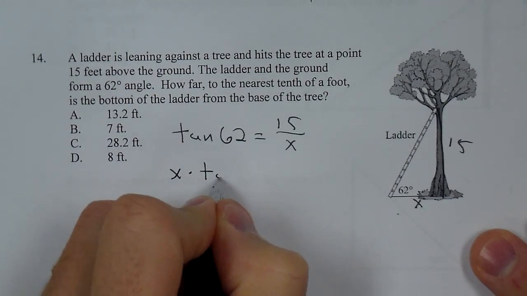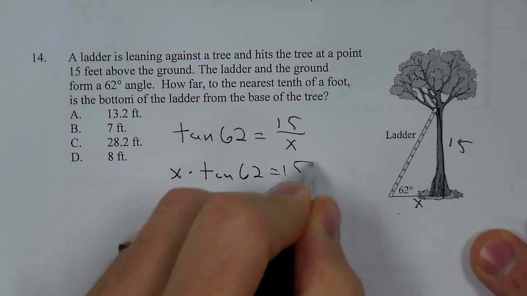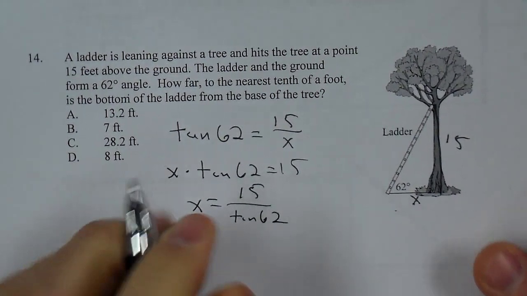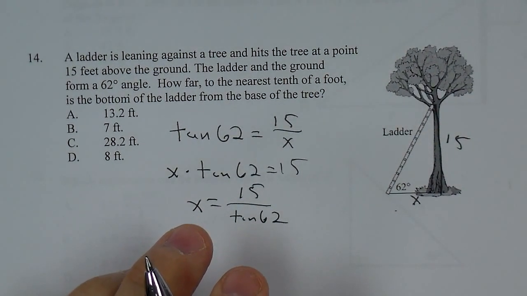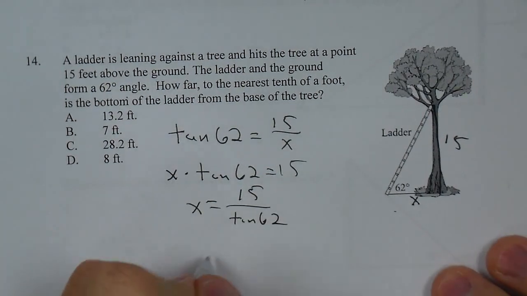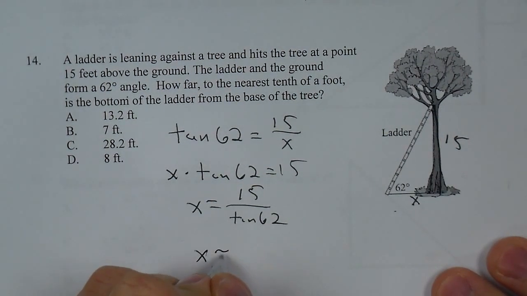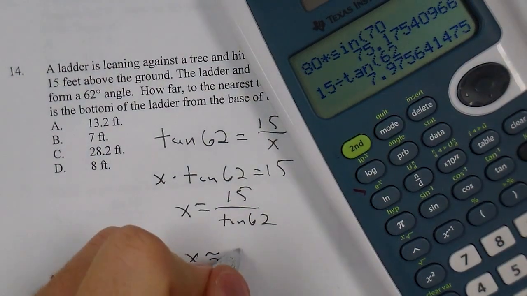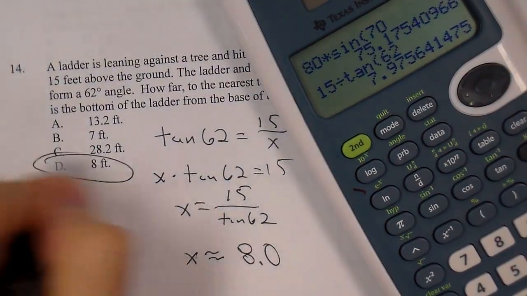Multiply over the denominator. Divide tangent back. So 15 divided by tangent 62 gives me that x is approximately, to the nearest tenth, 7.97. That looks like 8.0. Answer D.